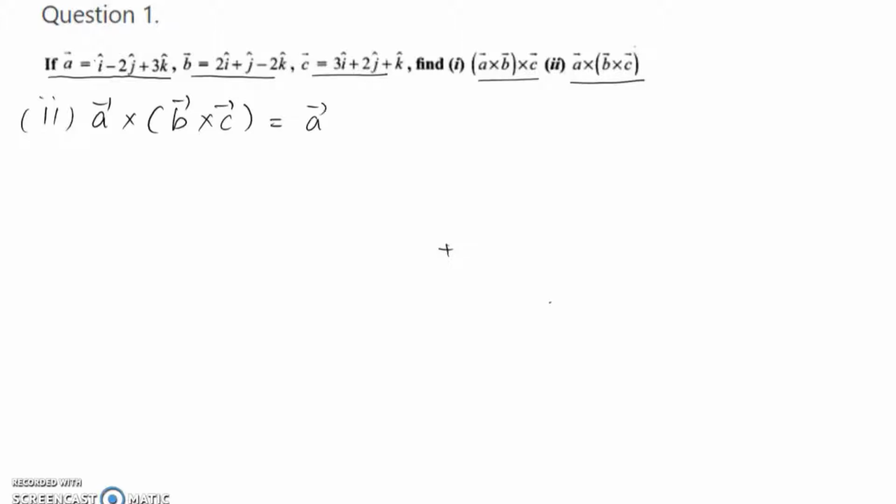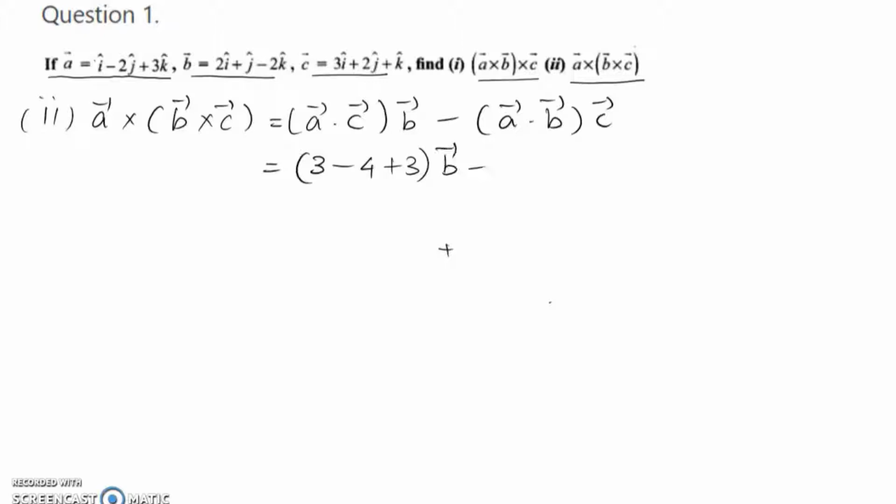So this can be written as A dot C B minus A dot B C. So that's equal to, doing the dot product of A and C, we will get 1 times 3 is 3, minus 2 and plus 2 will be minus 4, 3 and 1 will be plus 3, vector B, minus A dot B: 1 into 2 is 2, minus 2 into plus 1 minus 2, 3 into minus 2 minus 6, C vector, and that's equal to 2B vector minus, so it becomes plus 6C vector.